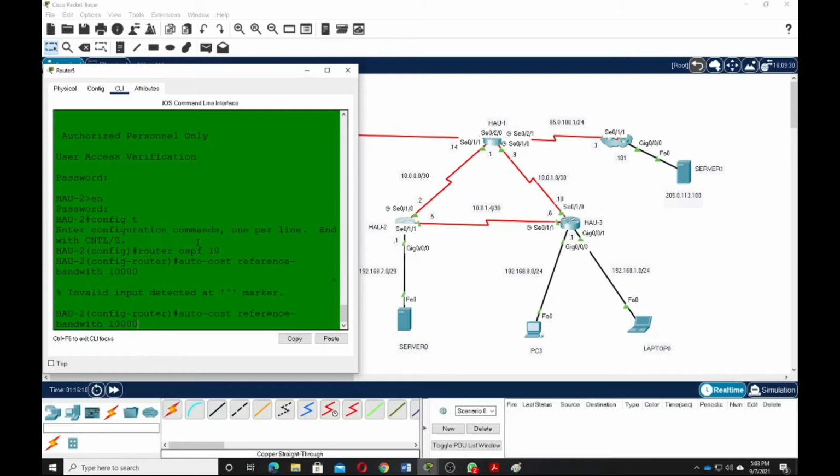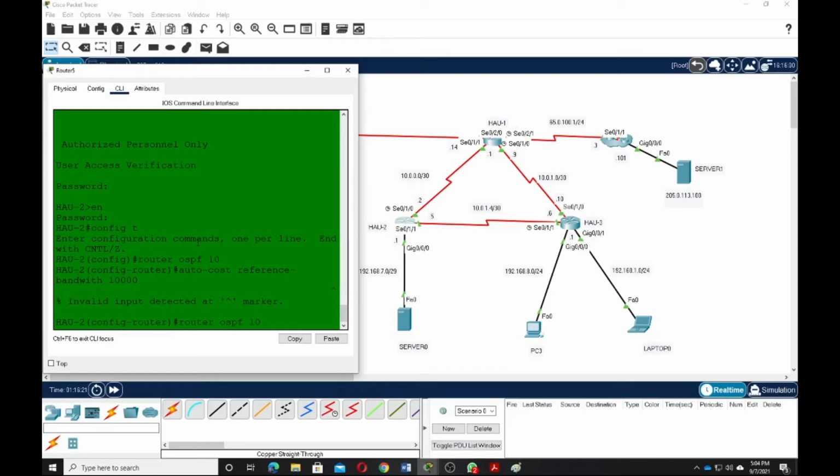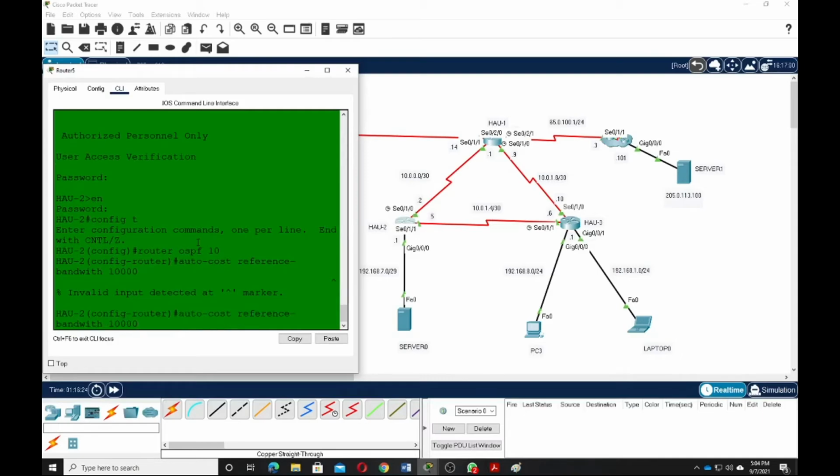Oh, it's wrong. Auto-cost reference-bandwidth. Wrong spelling. Okay.